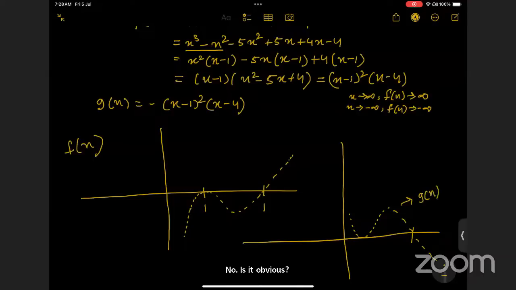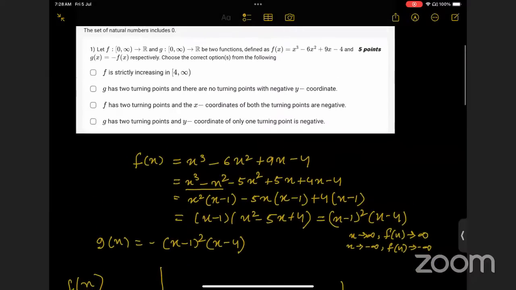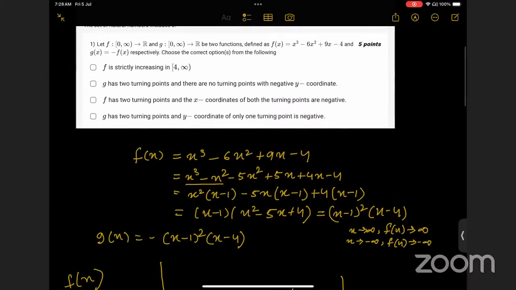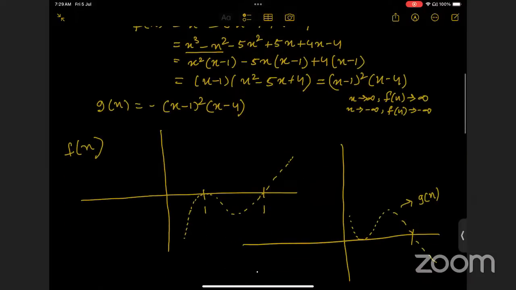So this is our g(x). Now we can look at the options. So f is strictly increasing in (4, infinity). So this is (4, infinity). So this is correct, right? f is strictly increasing in this interval.